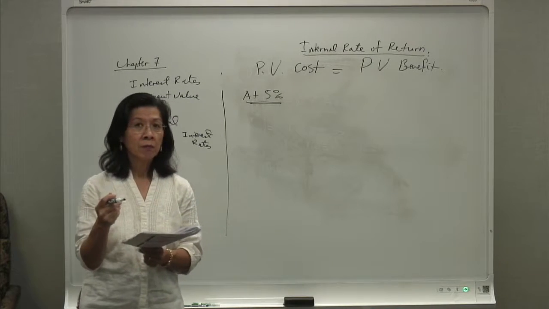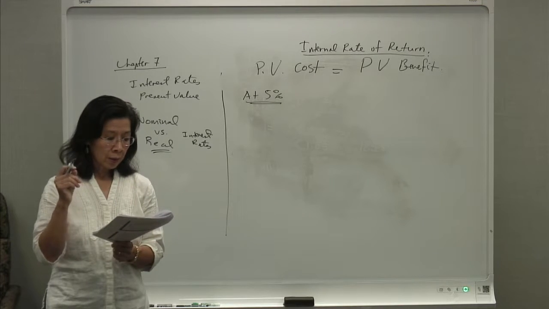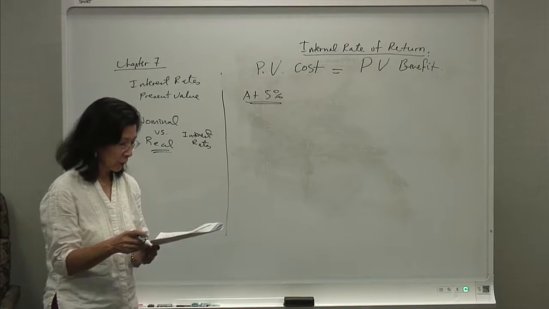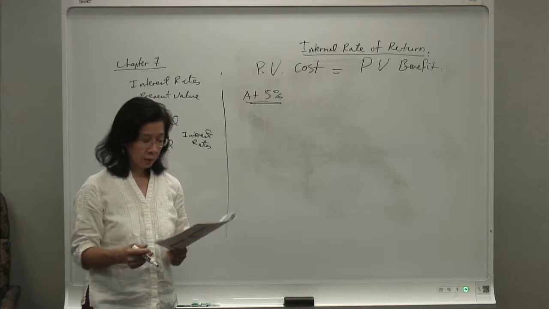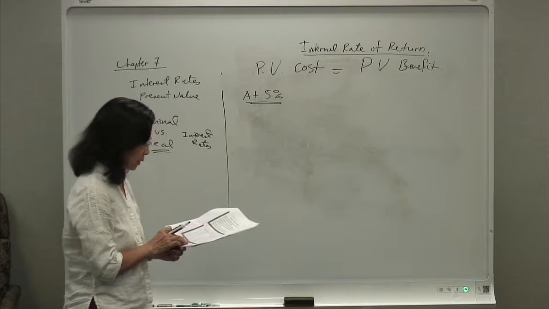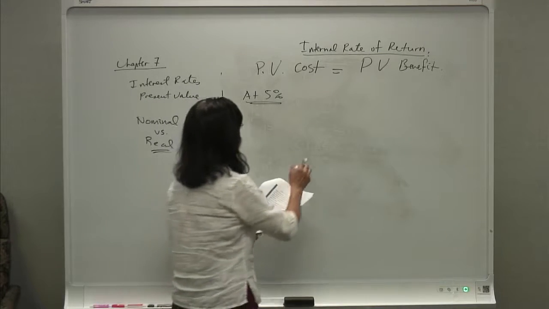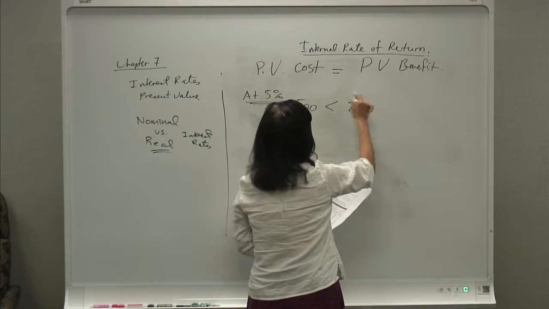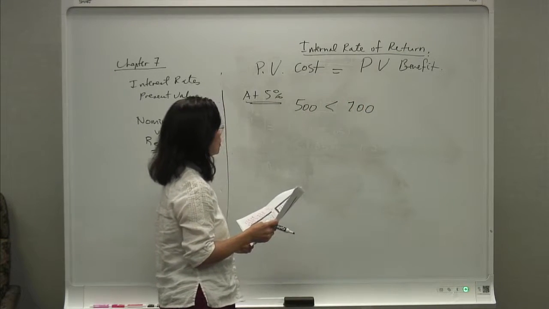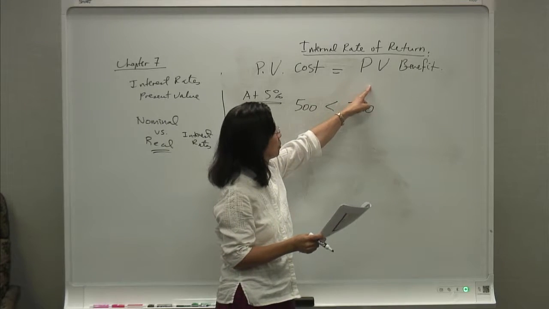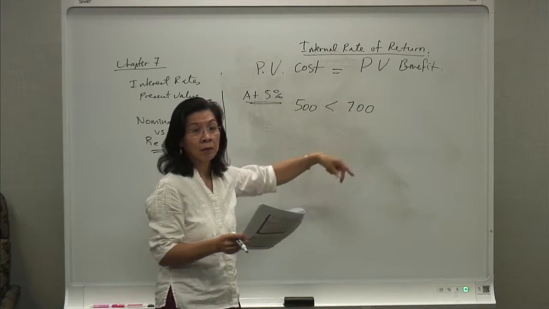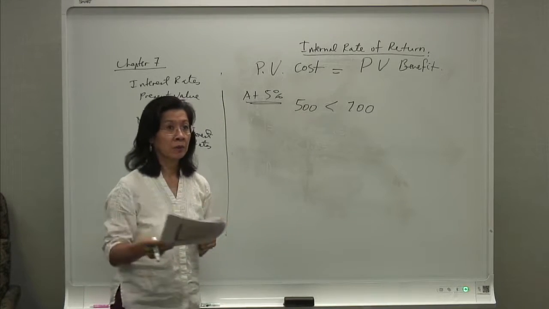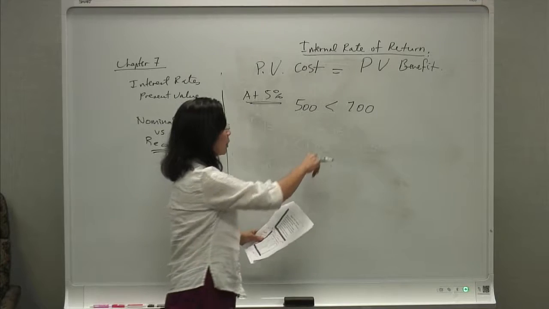And then beginning from the 6th year onward, you have a return payment of $100 per year for the next 7 years. So your PV cost is $500 for the first 5 years, and your PV of the benefit is $700 for the next 7 years, from the 6th year onward. So that adds up to $700.